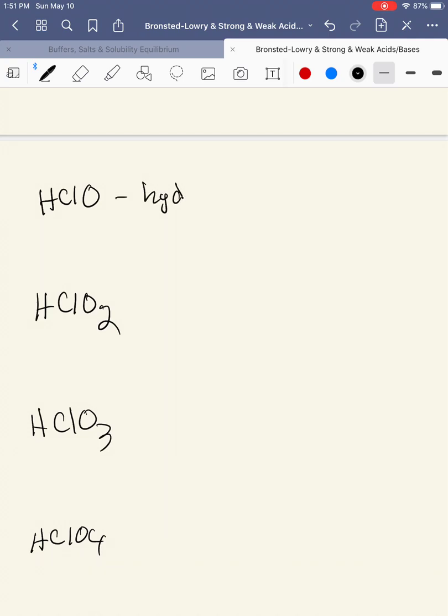This would be hydrogen with hypochlorite ion. So the acid would be hypochlorous acid.